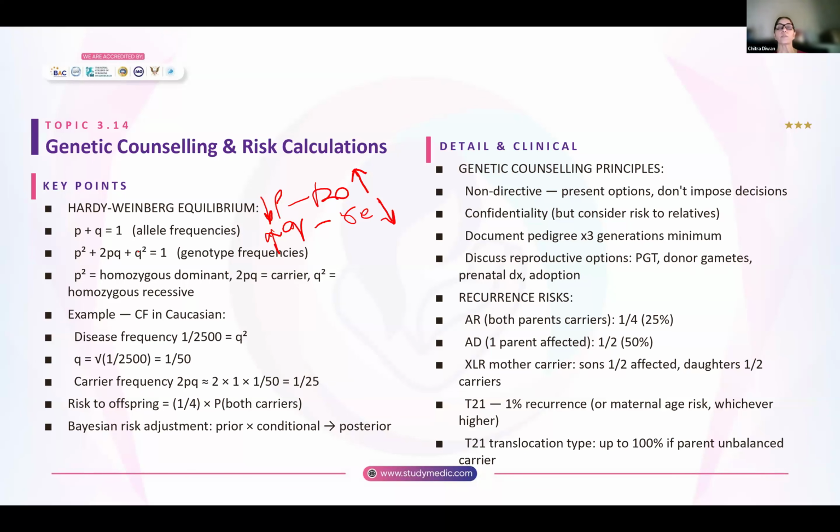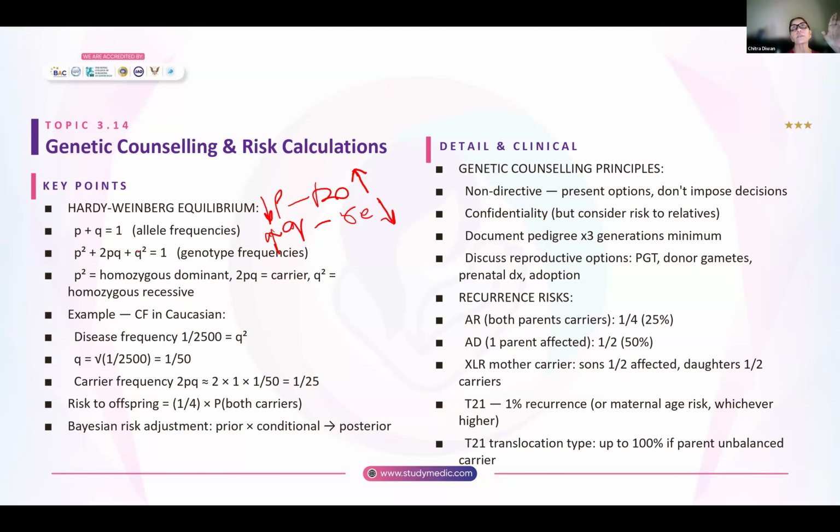Now this equation is helpful to us to calculate the genotype frequencies. For an example, if you have cystic fibrosis in a Caucasian individual. In Caucasians, we know that the frequency of cystic fibrosis is 1 in 2500.